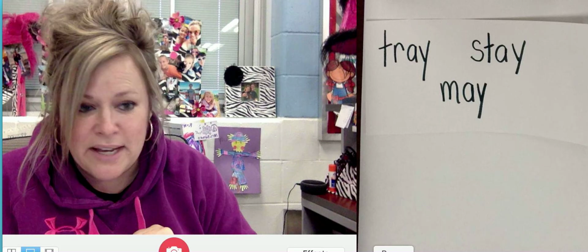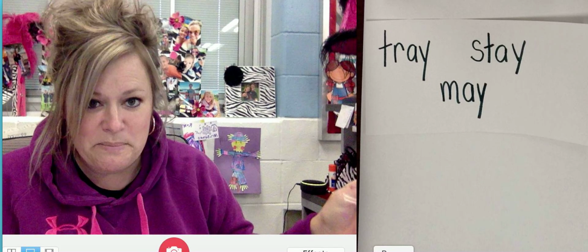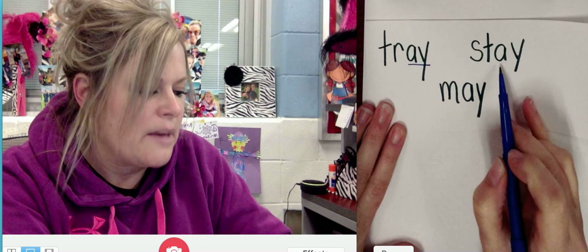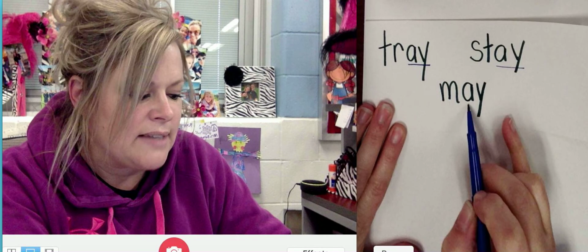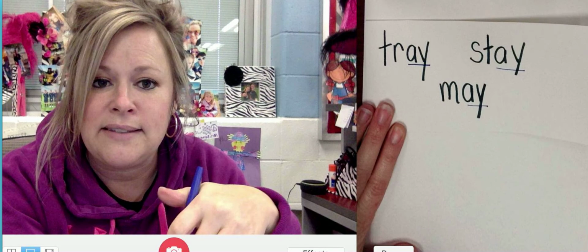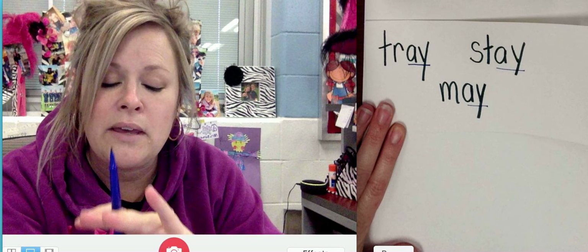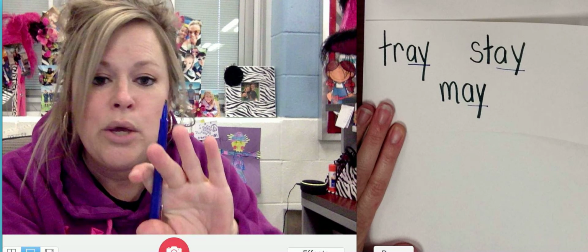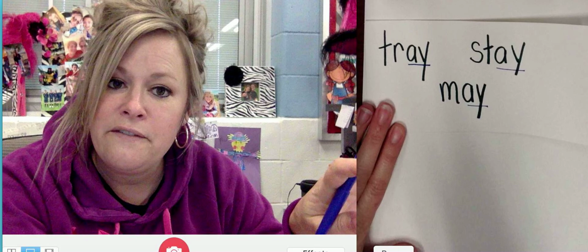How do we code digraphs? Do you remember? Yes, we underline them. So I'm going to underline these A, Ys. Yesterday we learned a way to make the A sound in the medial position or in the beginning initial position. Today the A sound is represented by AY, which you will find in the final position.